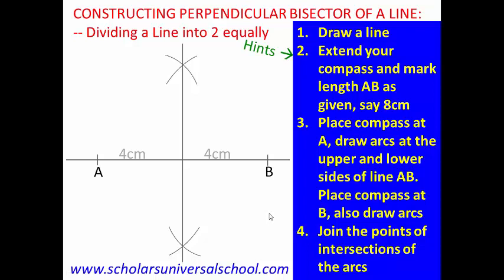With that, we are through with the perpendicular bisector of a line. So recall that these are the points where we place the pin of our pair of compasses.